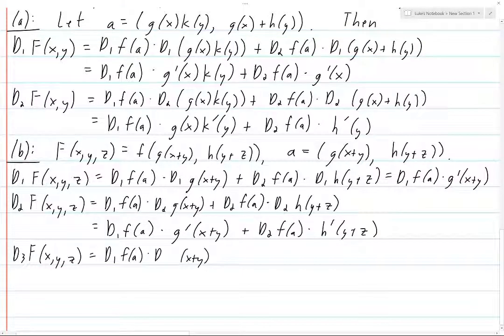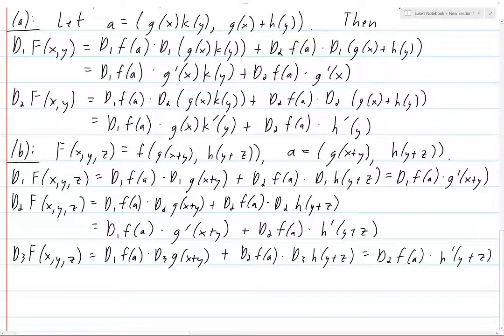And then we're adding d2 f of a times d3 of h of y plus z. Second one will remain, and we'll get d2 f of a times h prime of y plus z, because there's a z dependence, and we're done. So now I can move on to C.